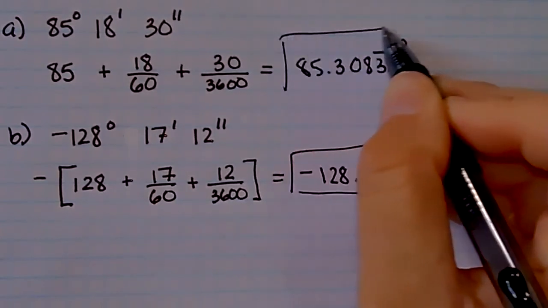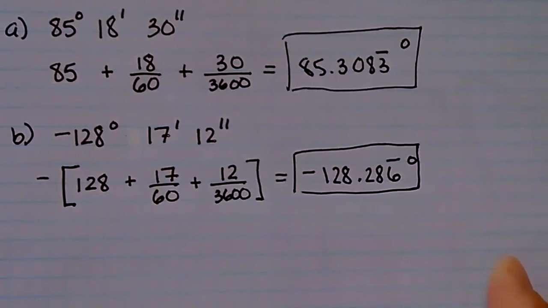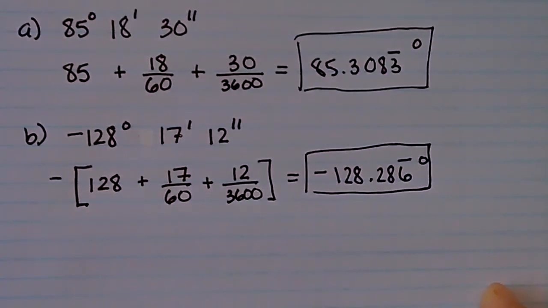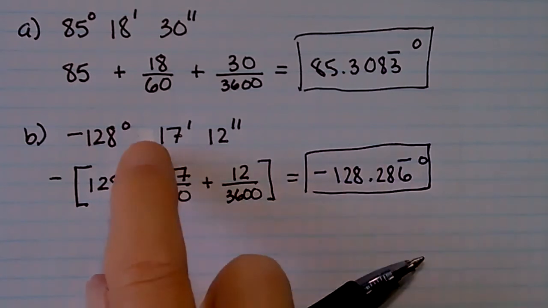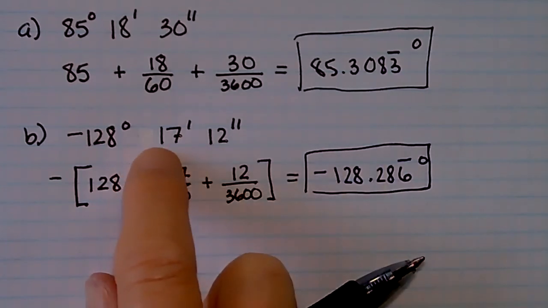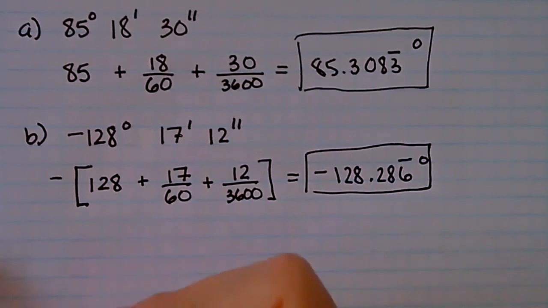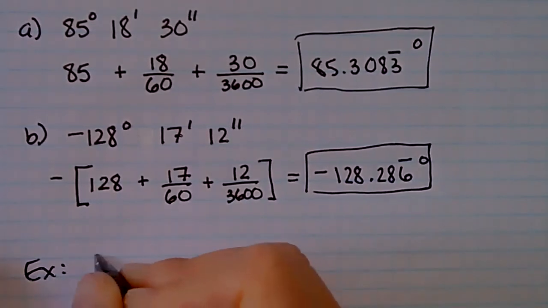So now let's go the other direction. This time we're going to start with it in decimal degree form and convert it to degrees, minutes, seconds, DMS. Okay, so example.